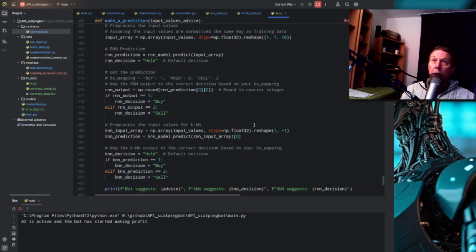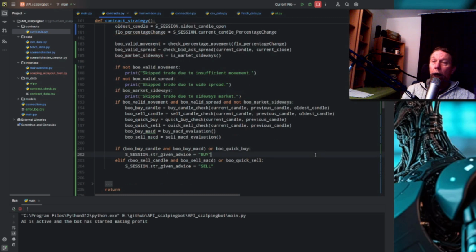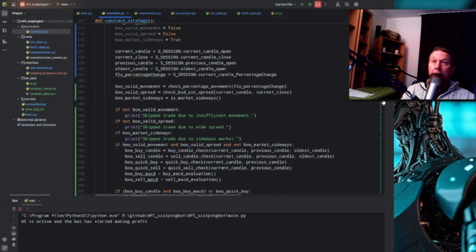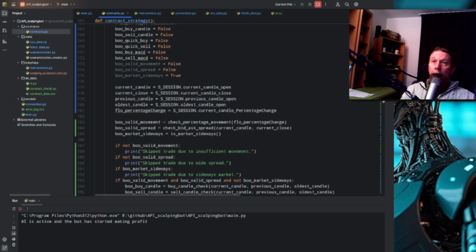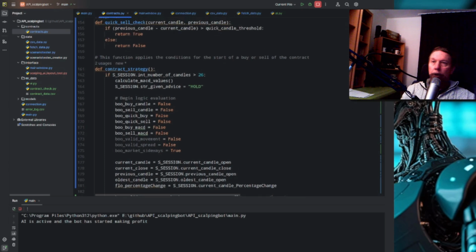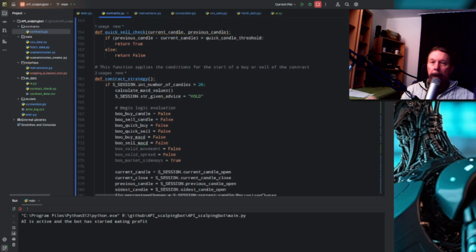Talking about that, and that's what I'm going to show you now, in the contracts, while I had killed the bot, I was talking to my mate ChatGPT about what I can do to prevent the bot from making trades and opening contracts while there is almost nothing going on in the market, because it costs money.